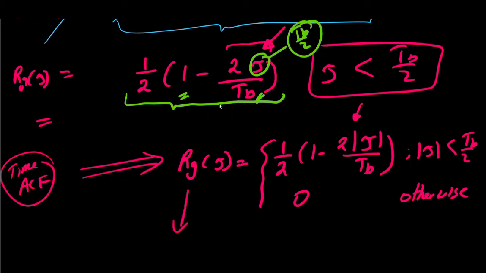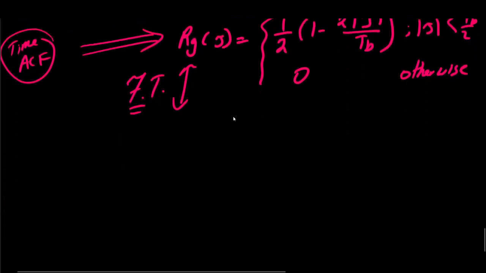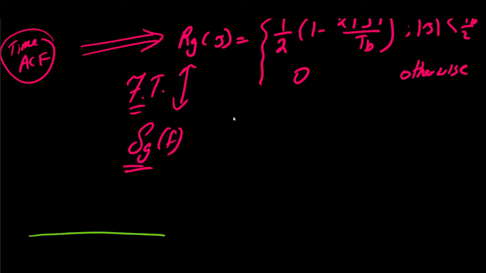Now if we take the Fourier transform of this signal, we would achieve the power spectral density. For that, let us replot the original signal, that is the autocorrelation function. It has a value of 1 by 2 at 0, and it extends from minus TB by 2 to TB by 2.